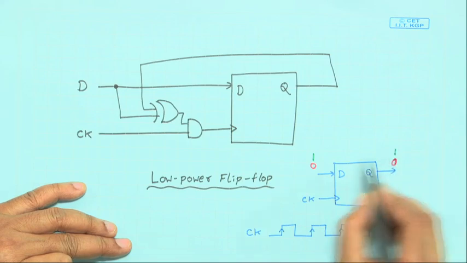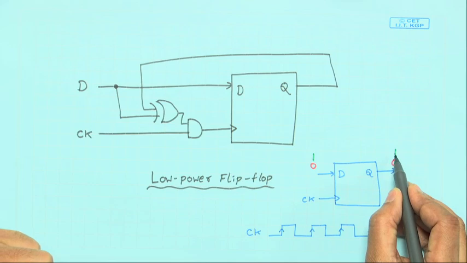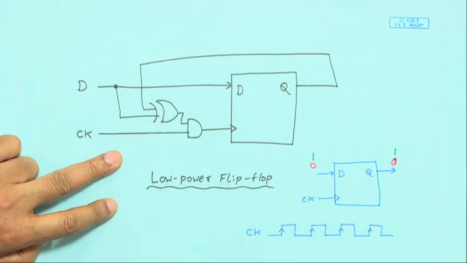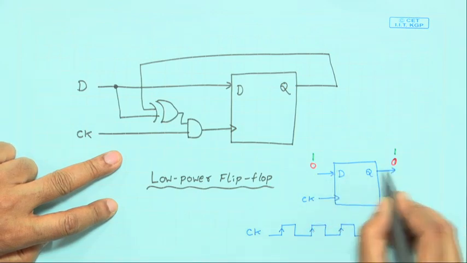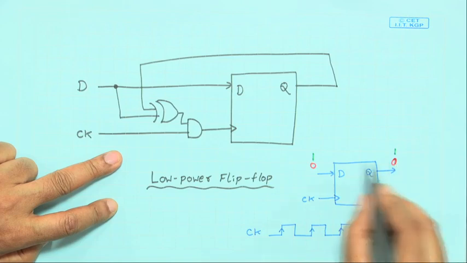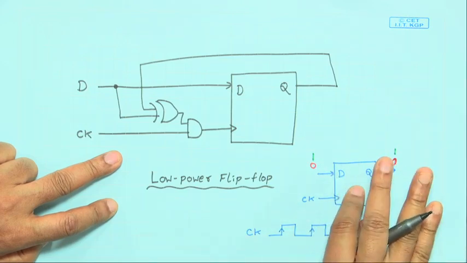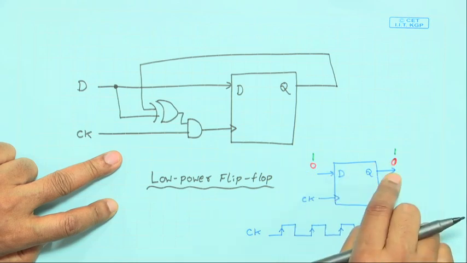If it is 1, I have applied 1 again, so it will again get stored the same value. So, I have made just that change which checks whether the applied input and the current output are the same or not. If they are the same, I am disabling the clock, because I need not apply the clock, because the next state will also be the same.